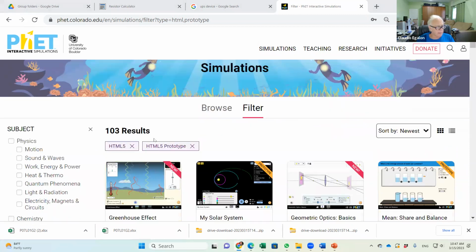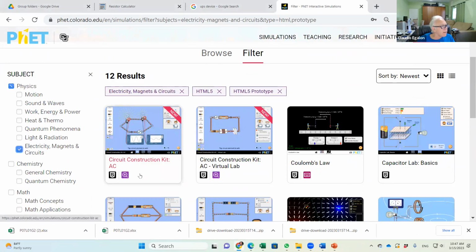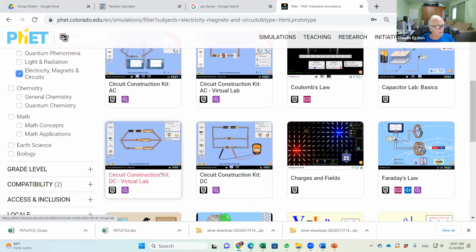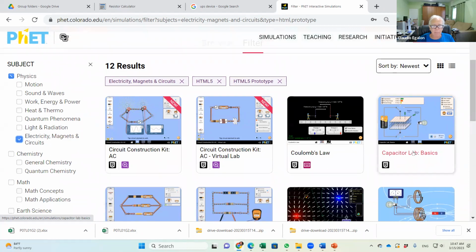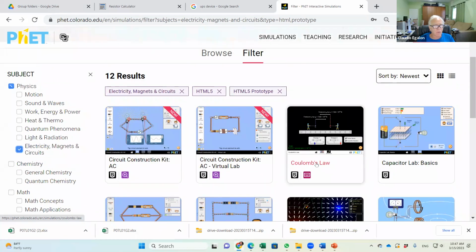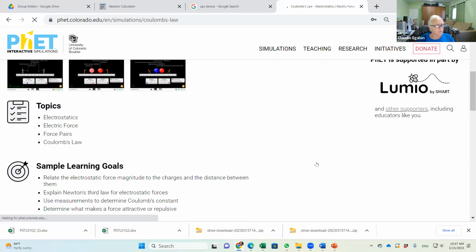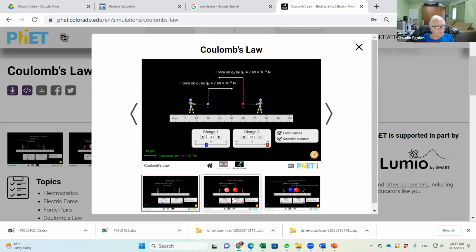What we are seeing right now is electricity, magnets, and circuits. What I like the most here are the circuits. Here's the capacitor. Here's Coulomb's law. See, we can run this one.